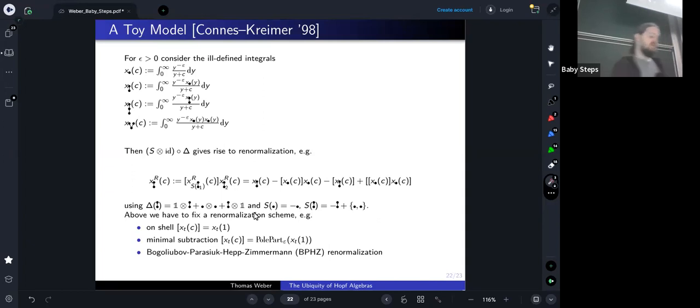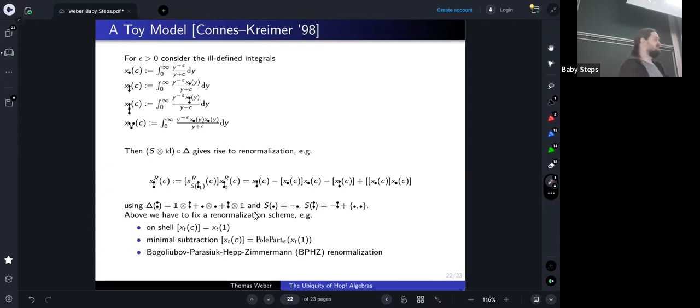You have to subtract the parts that are too large so that you end up with something finite, but the exact way that you do this, you have to speak to physicists. I'm not qualified to motivate this. Okay, thank you.